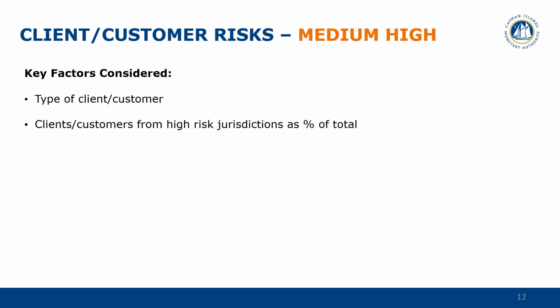The risk assessment then went on to consider client and customer risk, which was deemed to be medium-high. Now the key factors considered here were the type of clients and customers and the geographical location of those clients and customers as a percentage of the total.